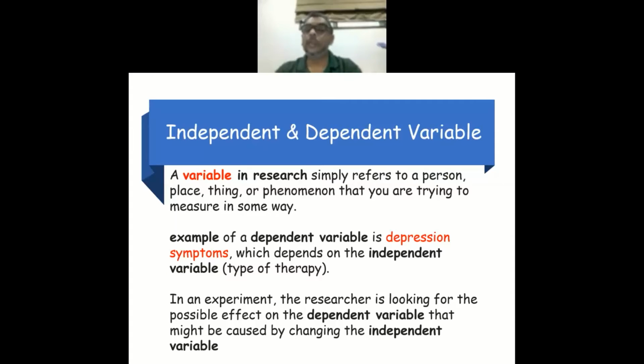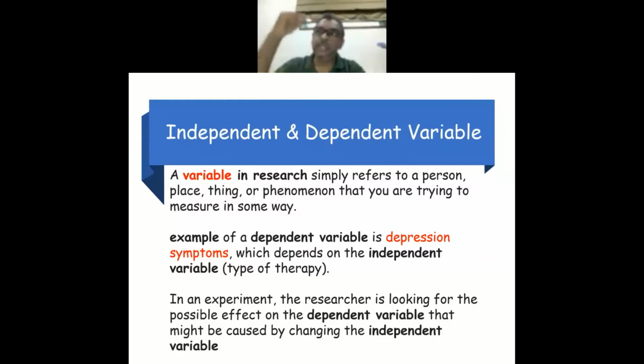Okay. An example of a dependent variable is depression symptoms, which depend on the independent variable, the type of therapy. So if someone is under depression, the type of therapy changes.